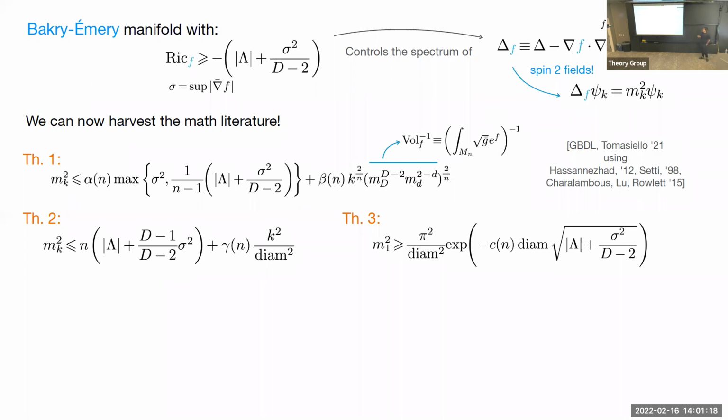There are some bounds on these constants in the paper, but yeah, they are universal in this sense. They only depend on the dimension. And so this is a theorem that bounds in terms of this volume, which from a physical perspective is just a product of the higher dimensional Planck mass and the Planck mass of the relevant string. Or these are bounds in terms of the diameter.